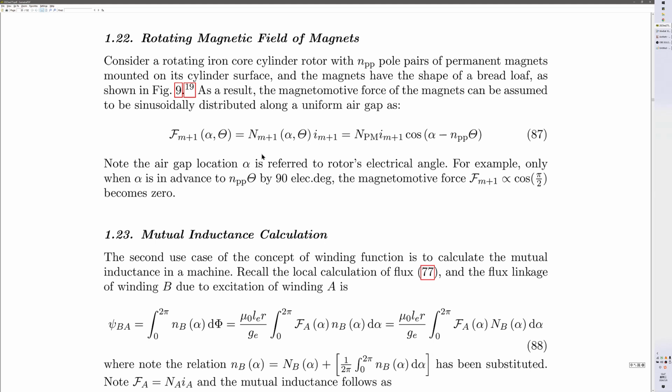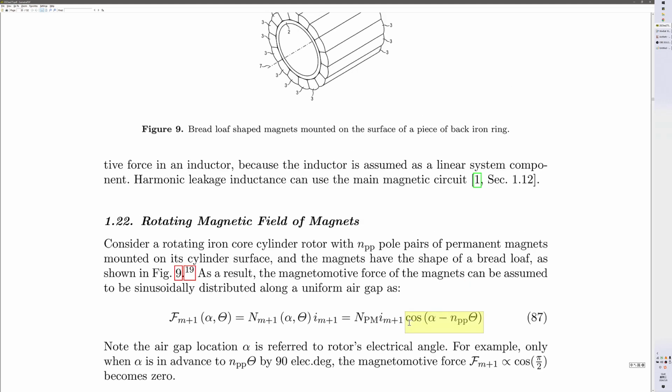And another example of moving winding function is the magnetic field of the rotating PM. So in a practical motor, the engineers will make sure the MMF produced by the PM is as sinusoidal as possible.